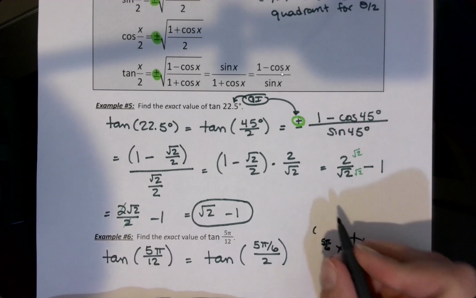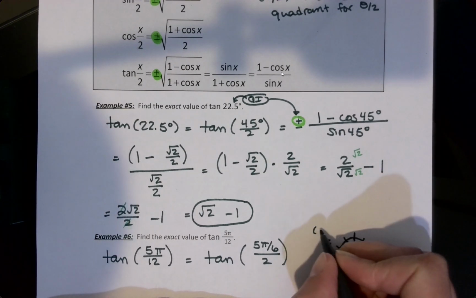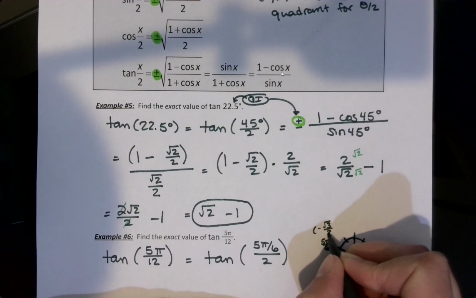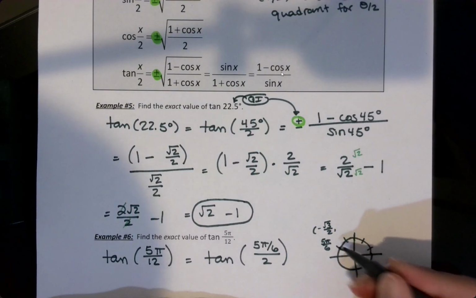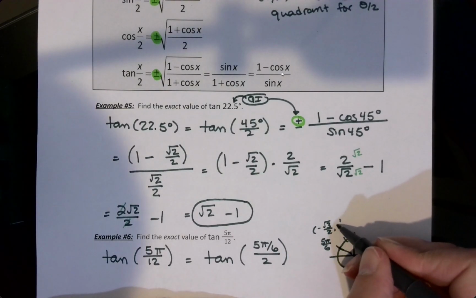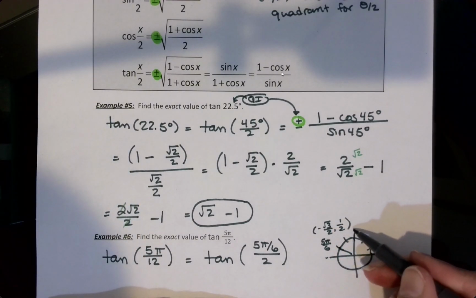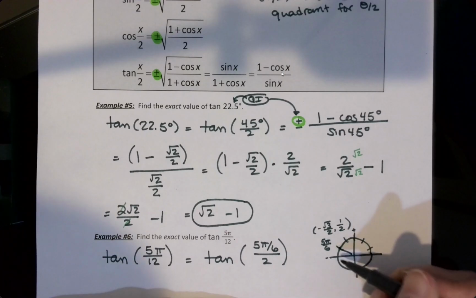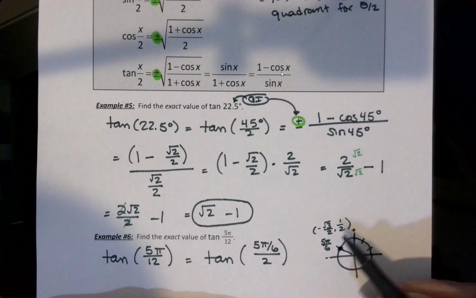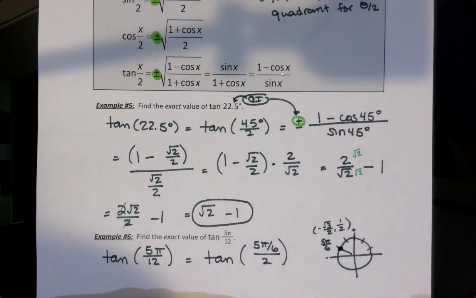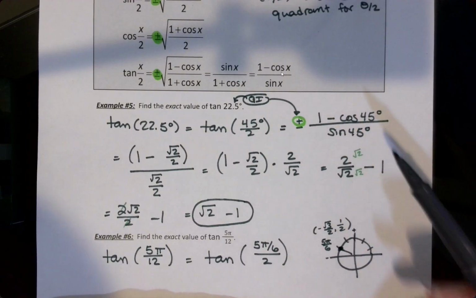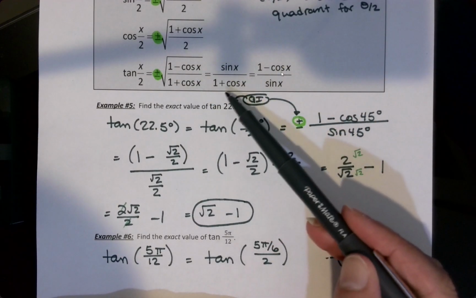The x-coordinate is going to be negative root 3 over 2. It's longer than it is tall, and its height is going to be positive 1/2 since we're in quadrant 2. The x's are negative, the y's are positive. So that's the ordered pair for this. So I know both the cosine and sine values for the angle 5 pi sixths. So I can use either of these.